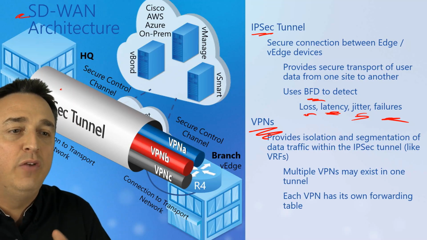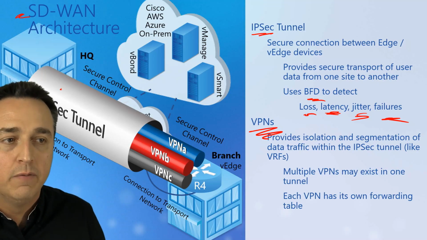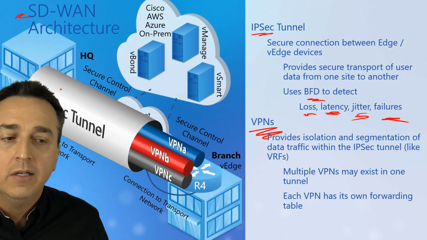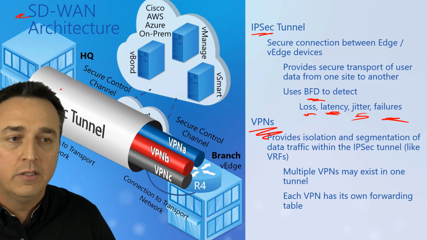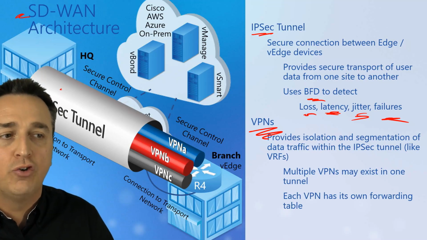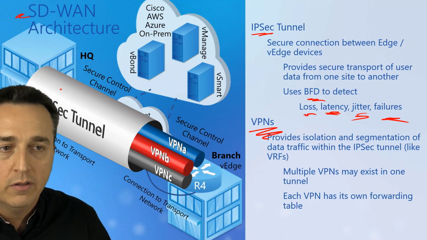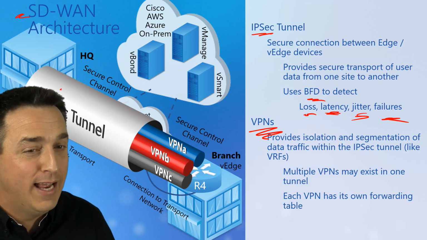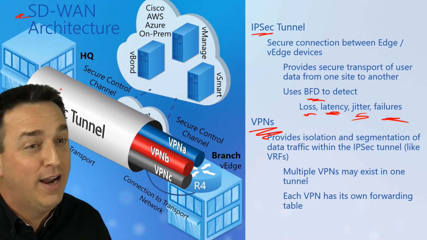And therefore, each VPN gives us isolation. Kind of like VRFs, right? We now have different tunnels that isolate and segment traffic from each other. They have their own forwarding tables. Oh, this is sounding a lot more like VRFs.